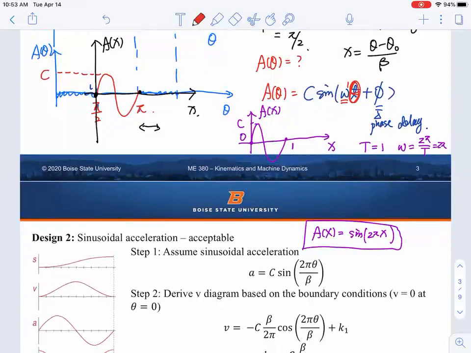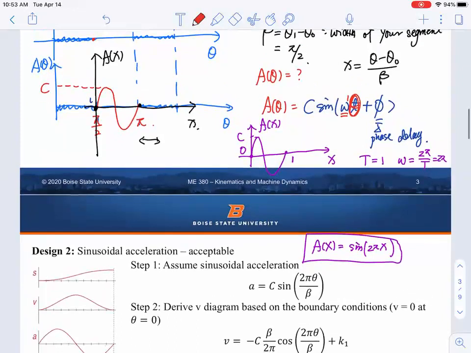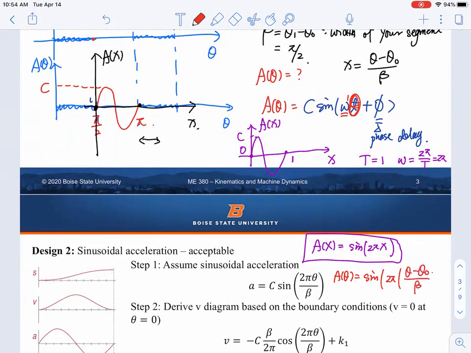All right, so once you find your A(x), you can easily get your A(theta). Your A(theta) will be sine 2 pi x. You replace your x by theta. So it's 2 pi times theta minus theta naught over beta. So that's how you get your A(theta).